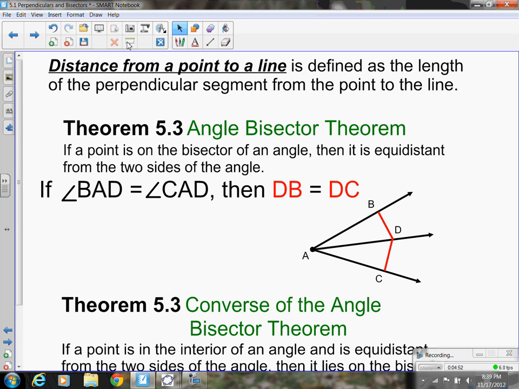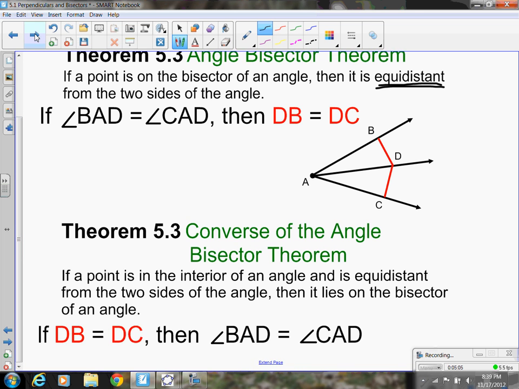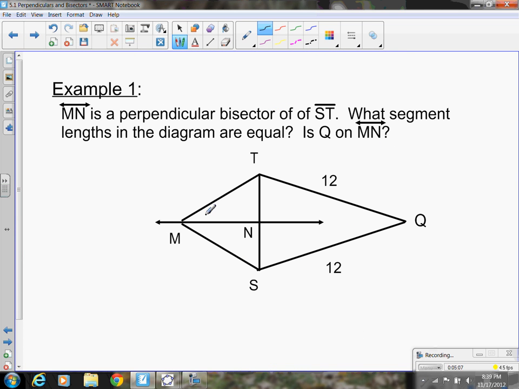Once again, that term equidistant. Equidistant means same distance. That's important to remember, that new vocabulary word. And one example here: if MN is a perpendicular bisector of segment ST, what segment lengths in the diagram are equal?